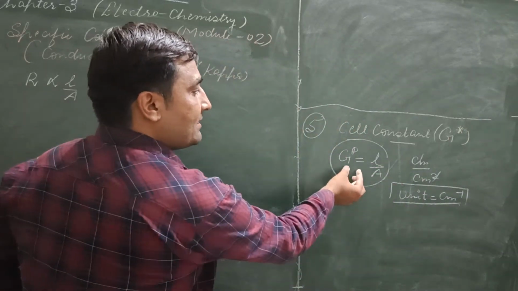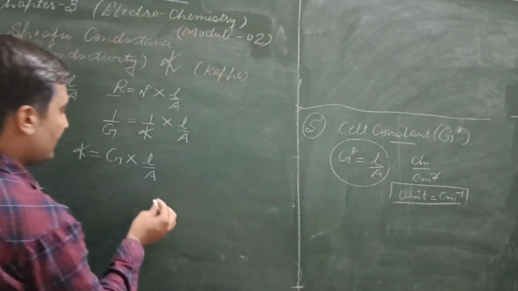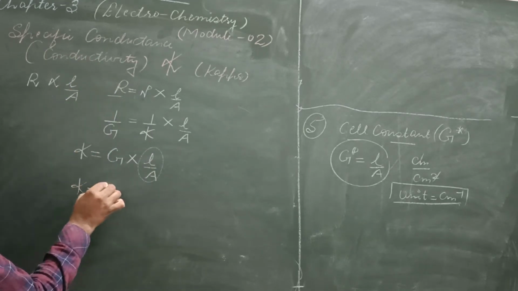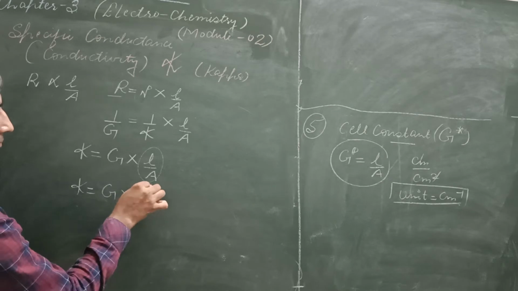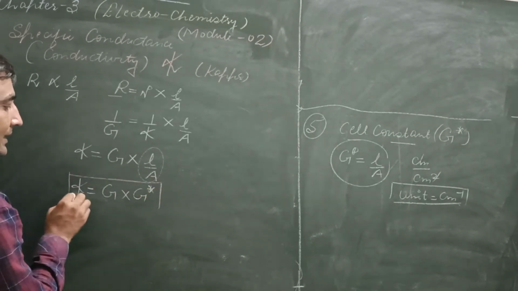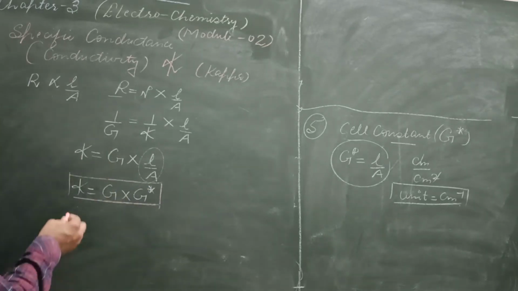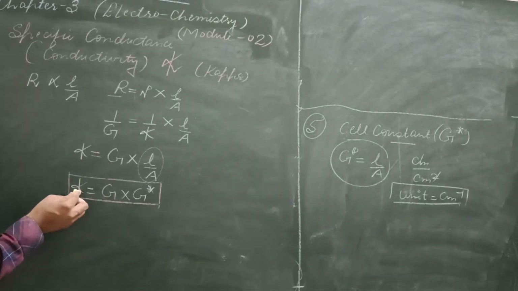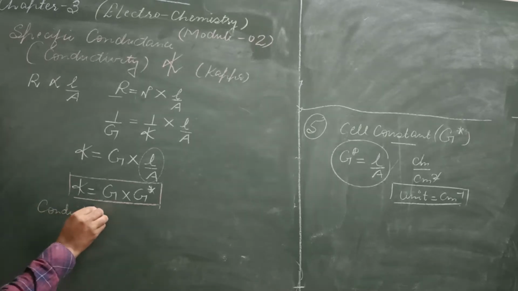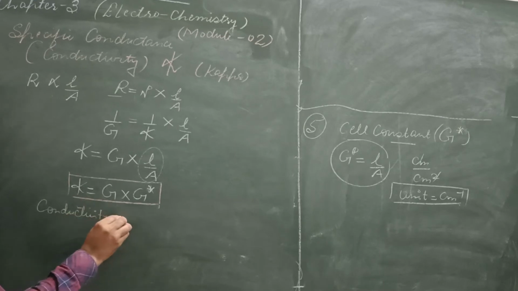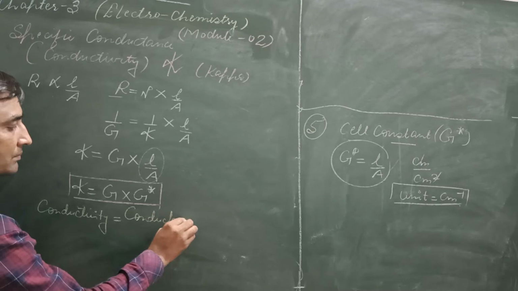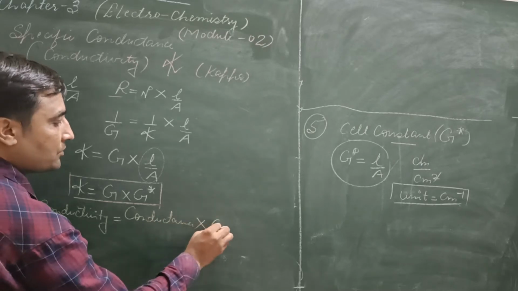So if we replace L by A by G star here, then kappa equals G into G star. This very formula we are to apply in different numerical problems, where kappa means conductivity, equals G, the conductance, into cell constant.